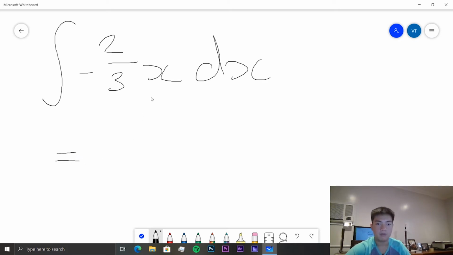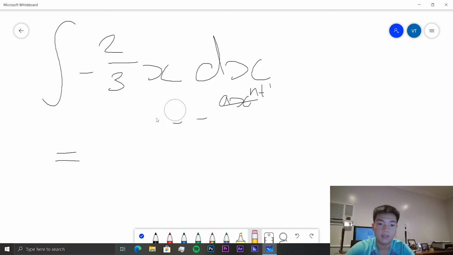We know that if we have something like a x to the n, the integral will be equal to a x to the n plus 1 over n plus 1.